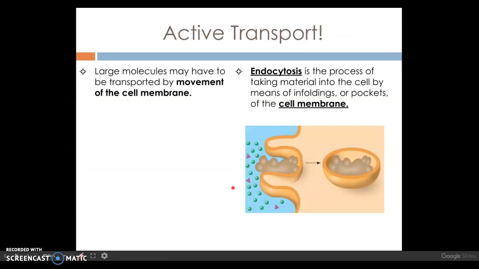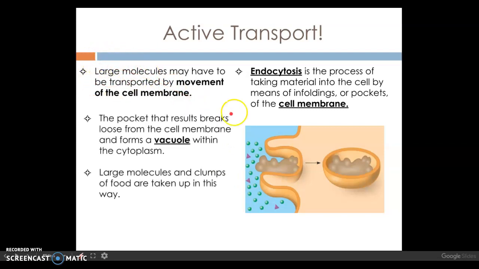Another form of active transport is moving large molecules into the cell membrane. This is going to be called endocytosis. So endocytosis is the process of taking materials into the cell by means of infoldings or pockets of the cell membrane. So what the cell membrane does is it actually reaches out, it makes kind of like little arms.